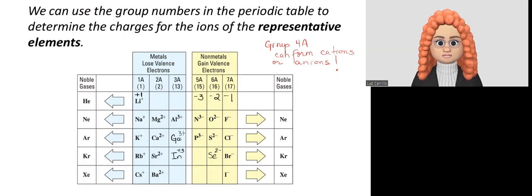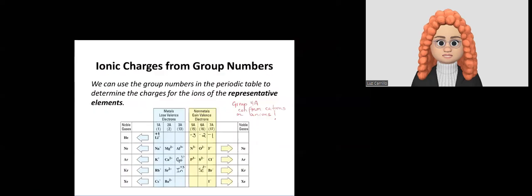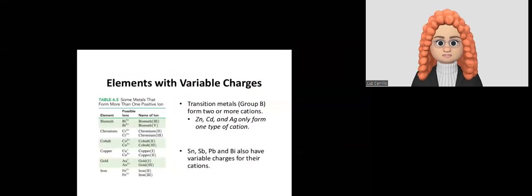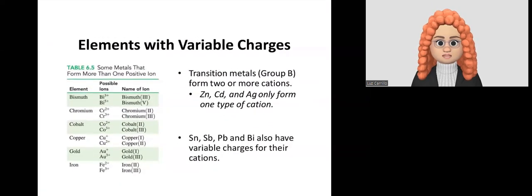Now, in the periodic table, we actually have a special set of elements that have variable charges. And these elements that have variable charges are known as transition metals. The transition metals are present in group B in that section in the middle of the periodic table.